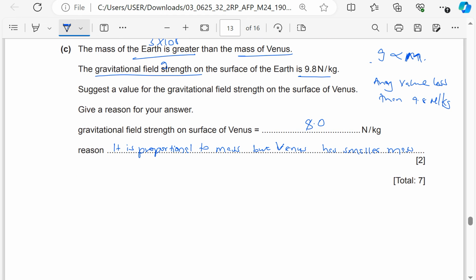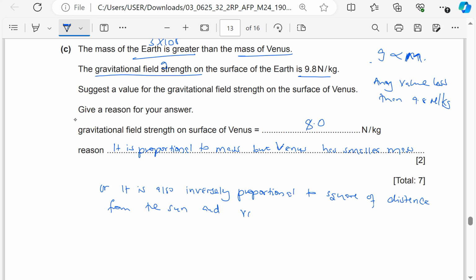Alternatively, we could also say it is inversely proportional to the square of the distance from the Sun, and Venus is closer.